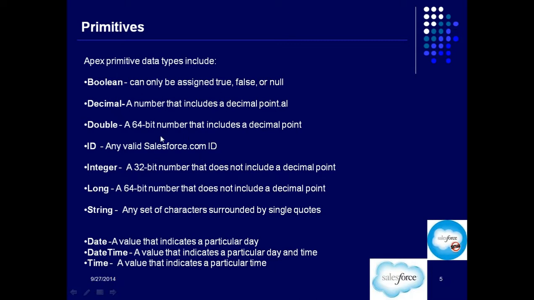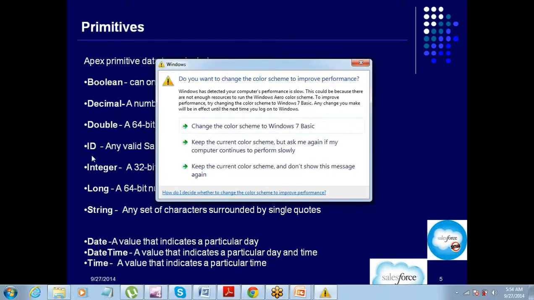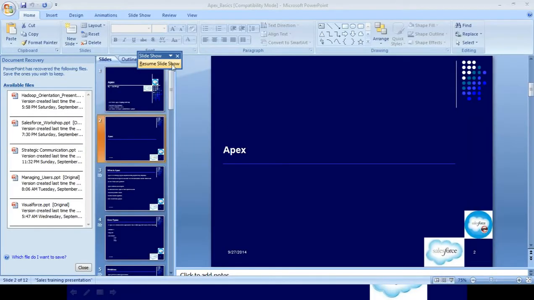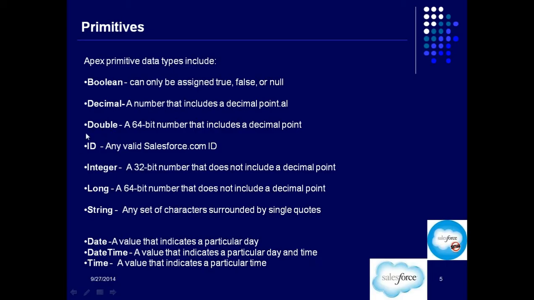ID is very, very particular to Salesforce. So these are the primitive data types that we have. The first type of data is primitives, and under primitives we have these data types.